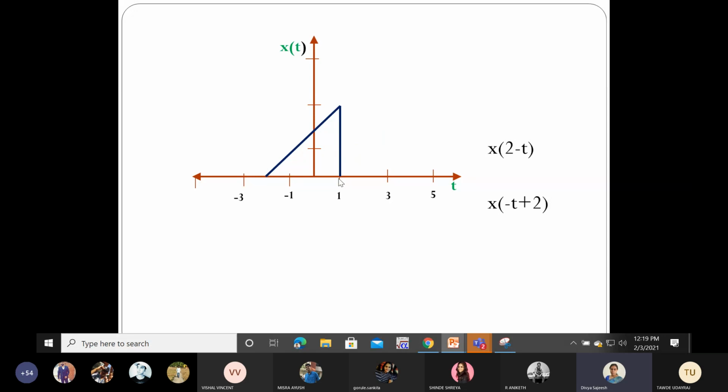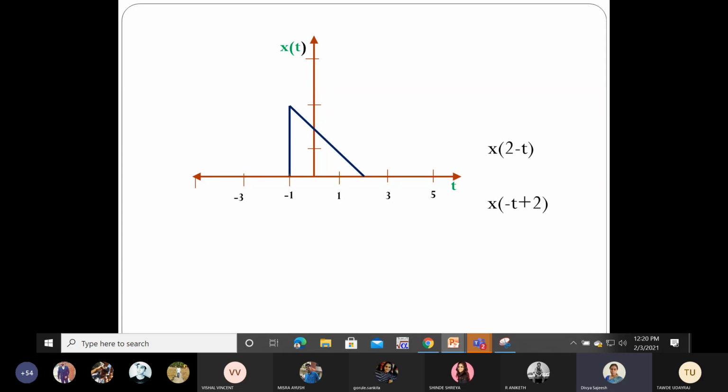So this operation that I did is x of t plus 2. Now what is remaining? Minus t is remaining. That is, you have to flip the signal about the y-axis. Now I will flip the signal about the y-axis. So this is your final signal, that is x of minus t plus 2.